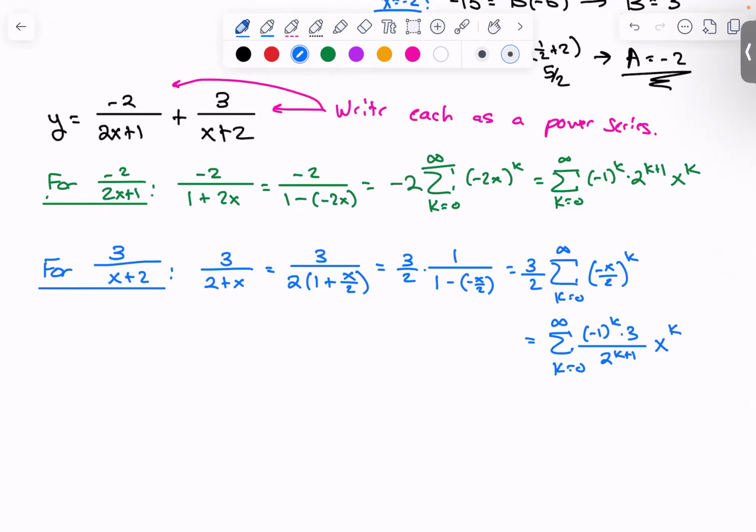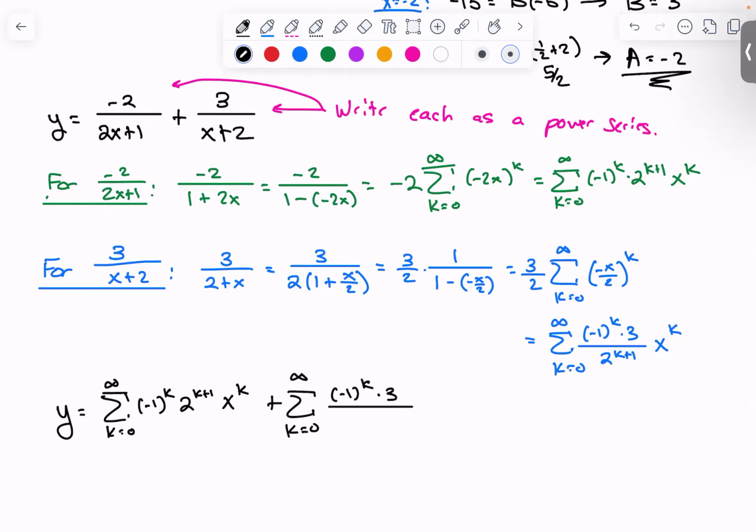That means that y is equal to the sum from k equals 0 to infinity of negative 1 to the k times 2 to the k plus 1 x to the k, plus the sum from k equals 0 to infinity of negative 1 to the k times 3 over 2 to the k plus 1 times x to the k.